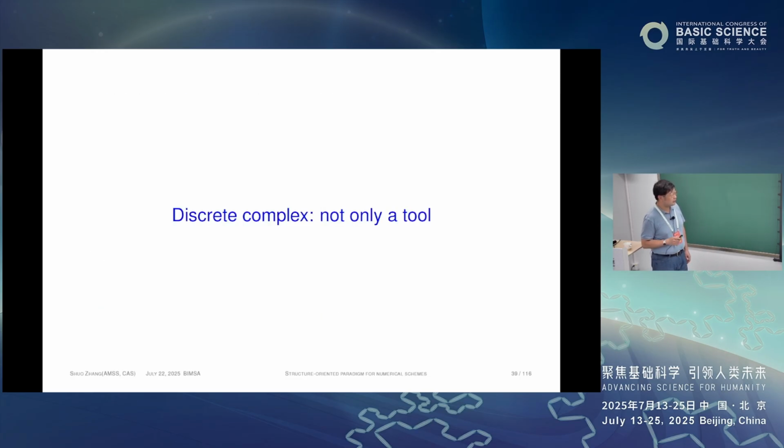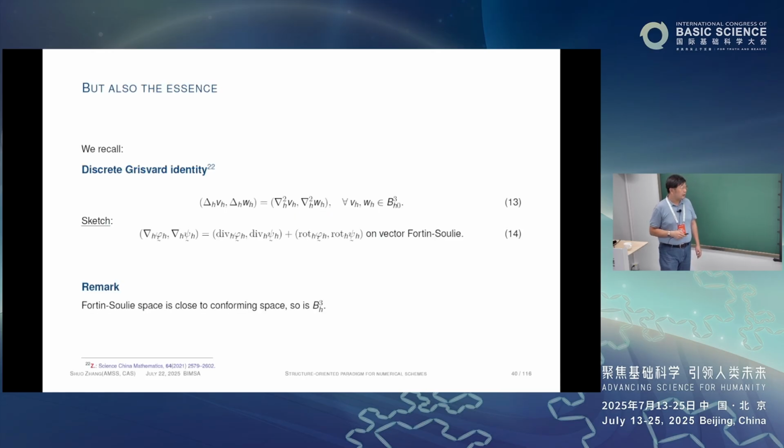I would like to emphasize that the discrete complex is not only a tool for theoretical analysis. Let us come back to this discrete Green's identity. The proof of this identity comes back to the property of the vector Fortin-Soulie functions.